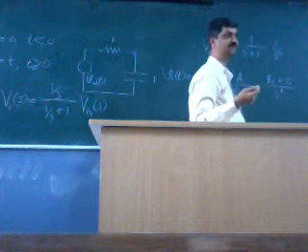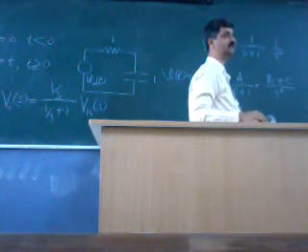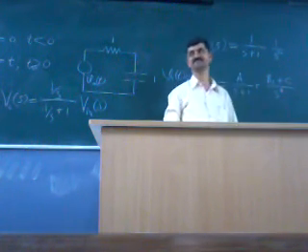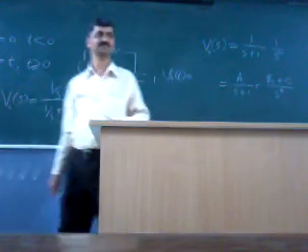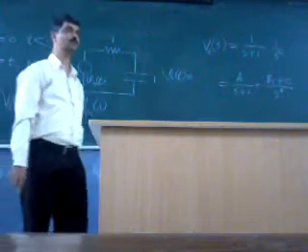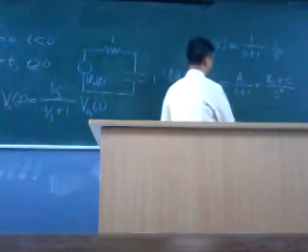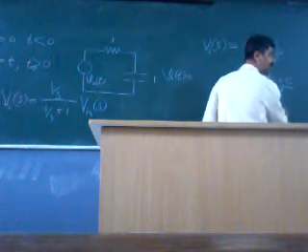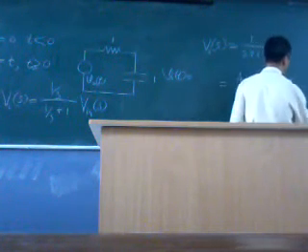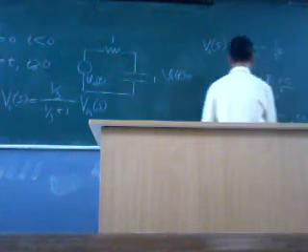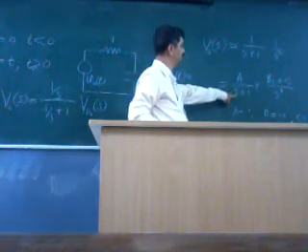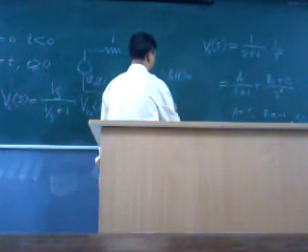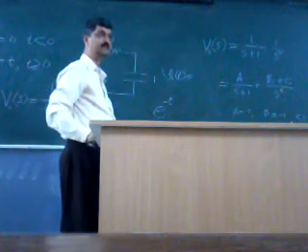B upon s plus C upon s square. Then A equal to 1, B equal to minus 1, and C equal to 1. So the inverse is, for this, e raised to minus t, right?